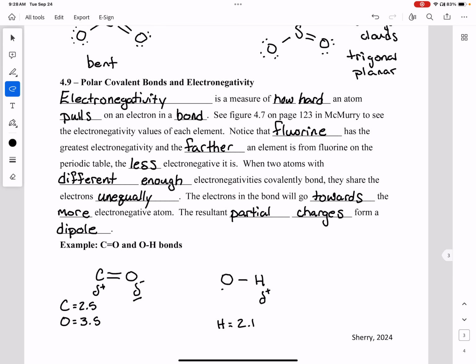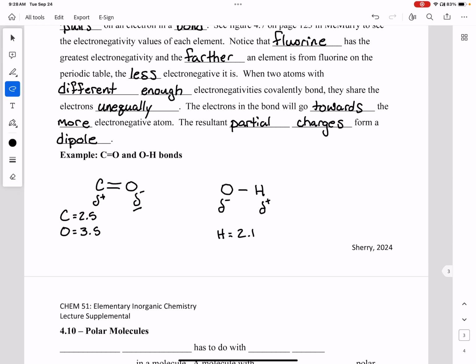We could say this bond is more polar. Polar bonds have their electrons unequally distributed.